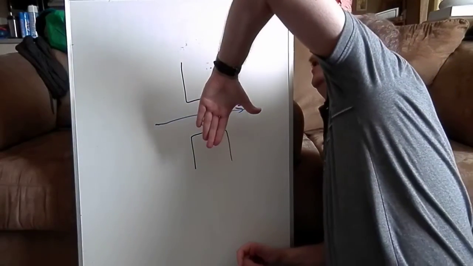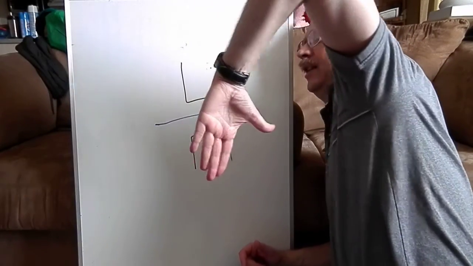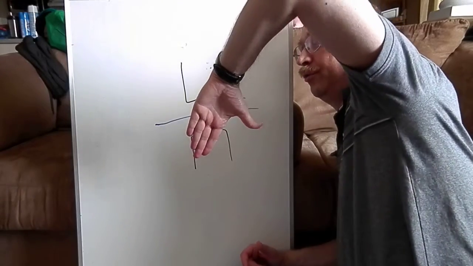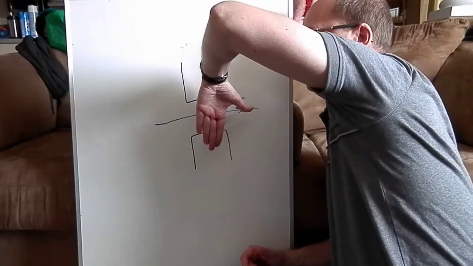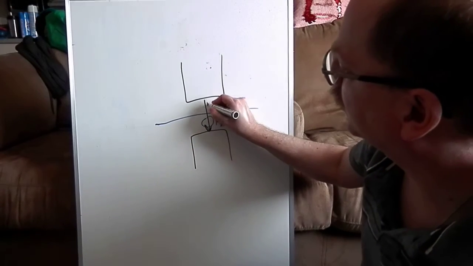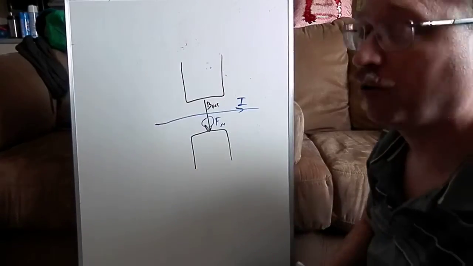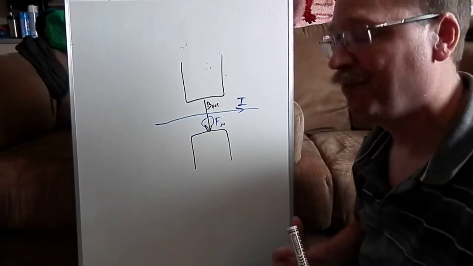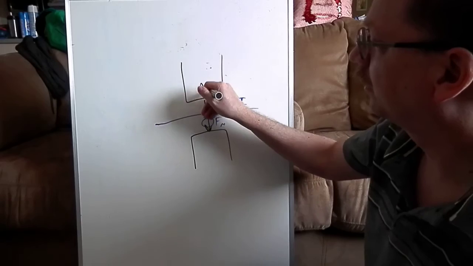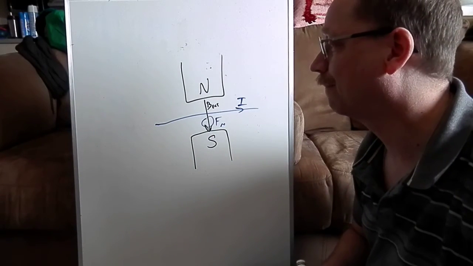So I would take my hand and hold it like this so that my palm is now pushing out towards you. That means that my fingers are pointing that way. That means that the external magnetic field must be pointing down like that as well. Magnetic fields point from north to south. So that would be the direction it's going.